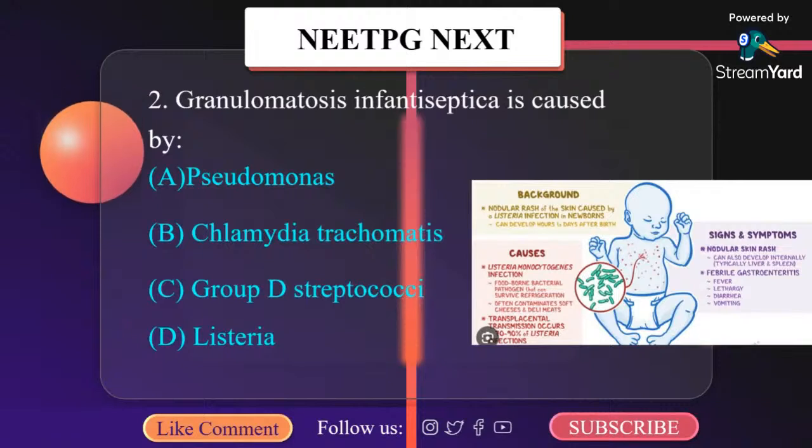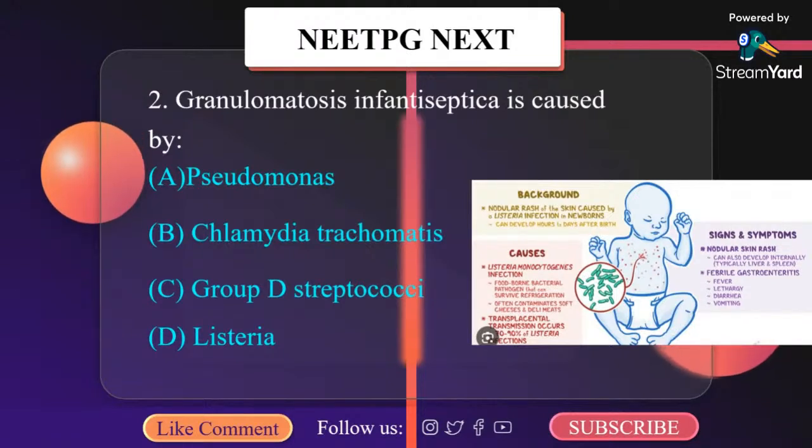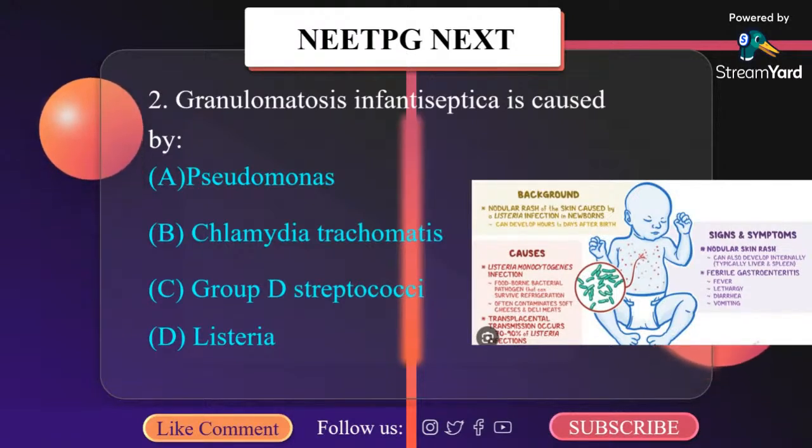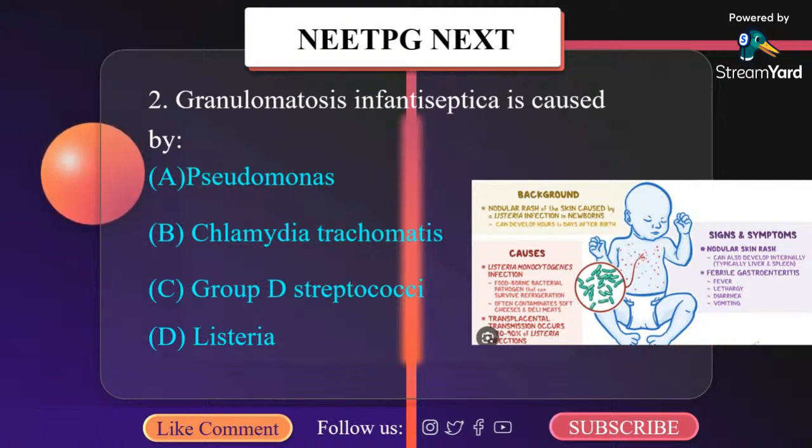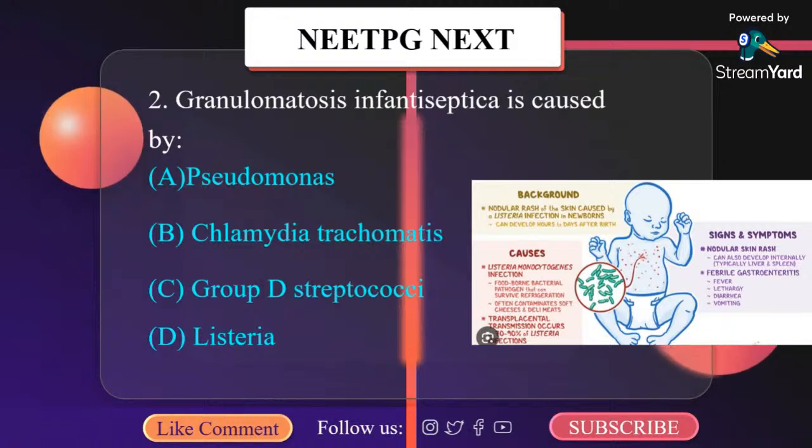Granulomatosis infantiseptica is caused by A. Pseudomonas, B. Chlamydia trachomatis, C. Group D streptococci, and D. Listeria. Granulomatosis infantiseptica is an intrauterine infection of newborn caused by Listeria.